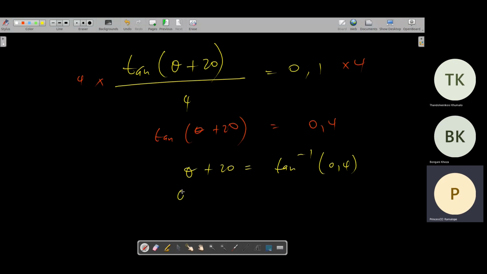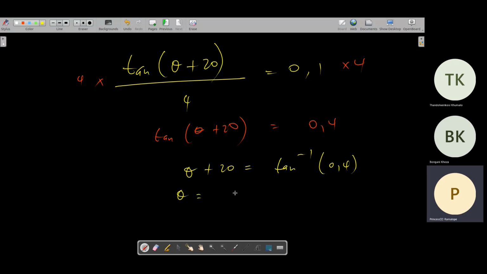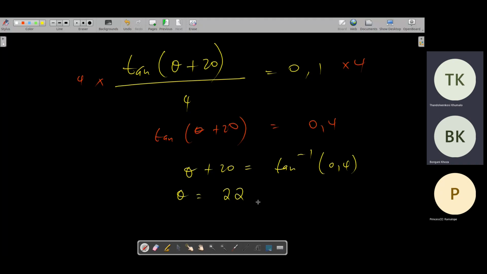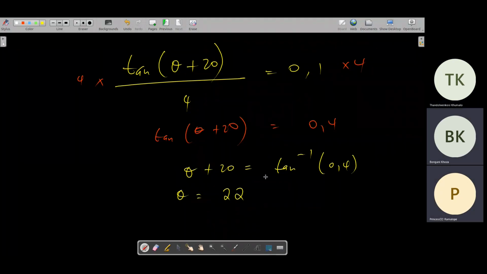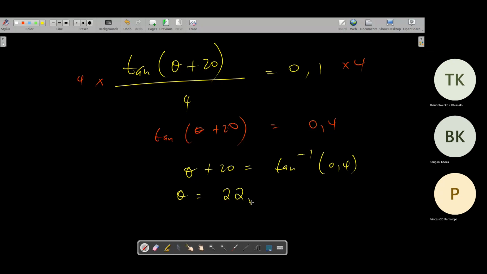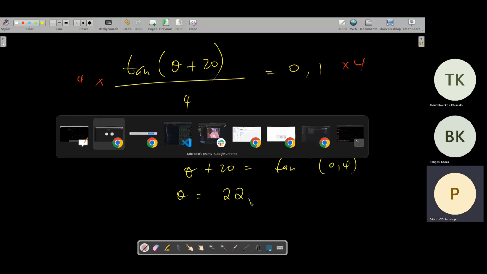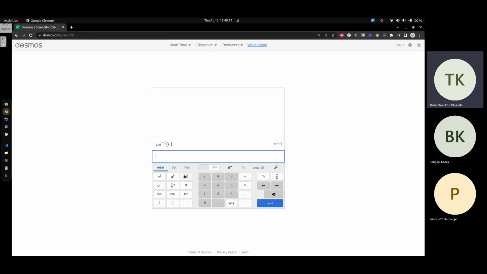And then theta equals 22 minus 20. 22 can be rounded off, right? On the calculator, when you're still calculating, don't round off anymore. So it was 22, what? It was 21.801.